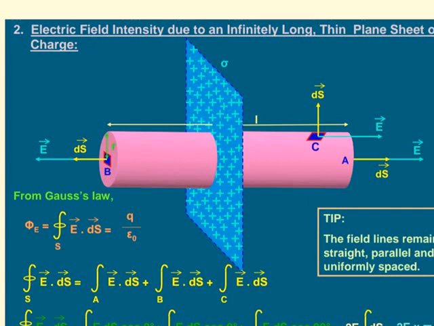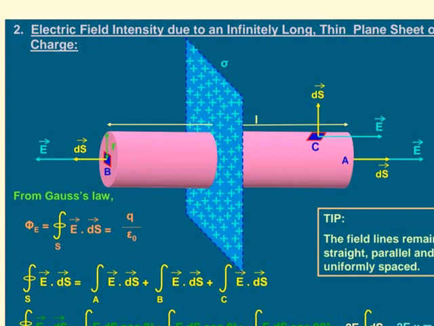So, by using Gauss law, phi E is equal to the integral of E dot dS over the closed surface S, and that is equal to the charge enclosed upon epsilon naught. Breaking E dot dS over the closed surface S into three parts, A, B and C, and putting the value of the angle, what do you get?